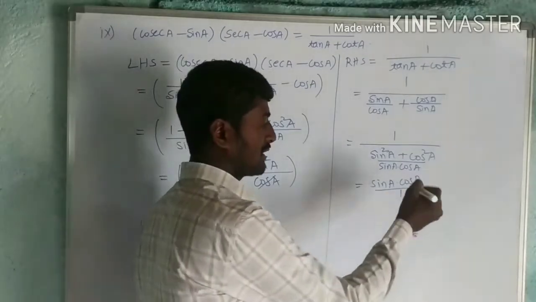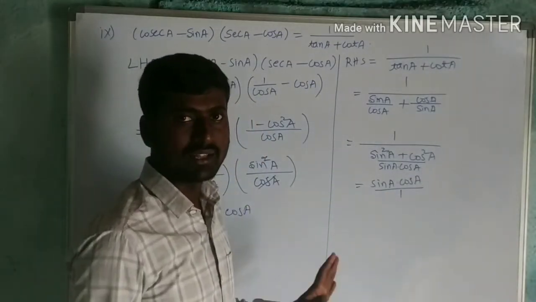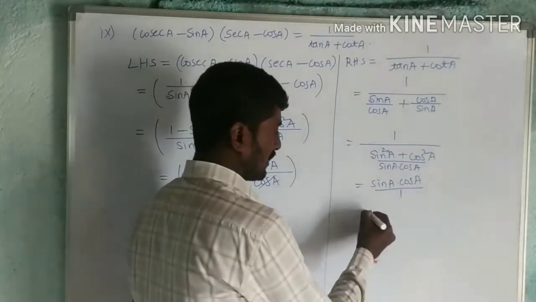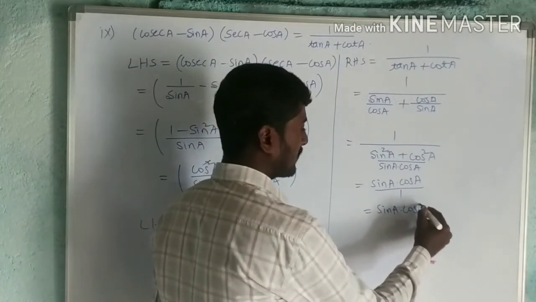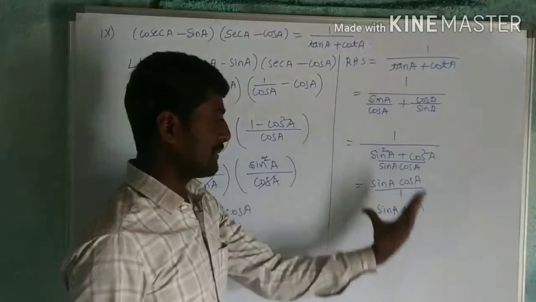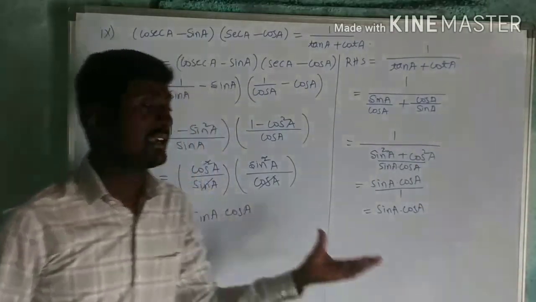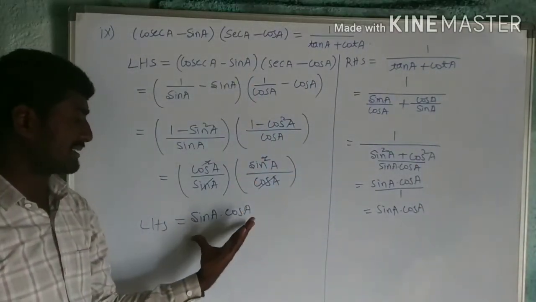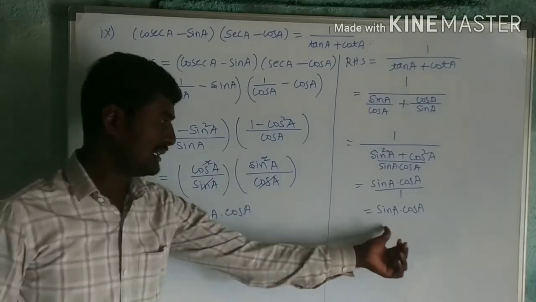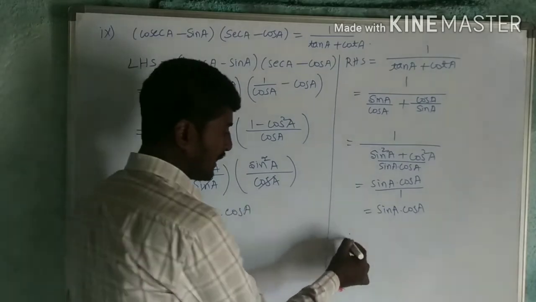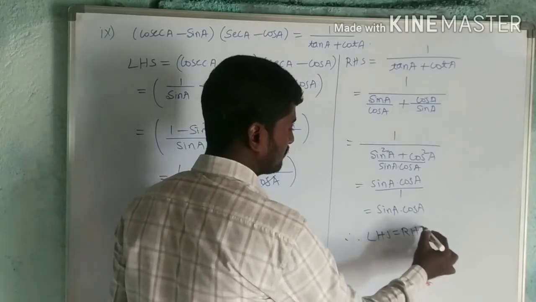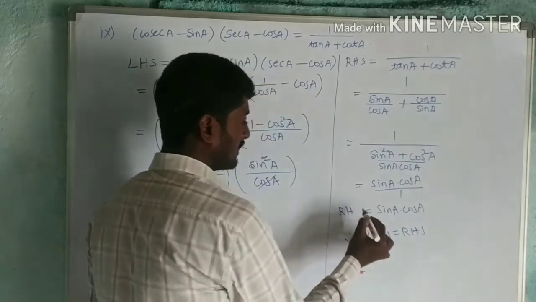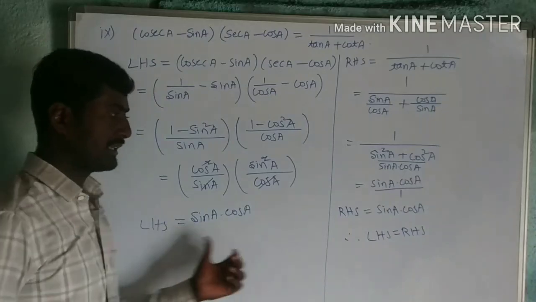Sin square a plus cos square a is nothing but 1. You know the identity. So now this is equal to sin a into cos a. By solving RHS, I am getting sin a into cos a, and also by solving LHS, I am getting sin a into cos a. Now these two are equal, therefore I can write LHS is equal to RHS, because in both RHS and LHS I am getting the same answer.